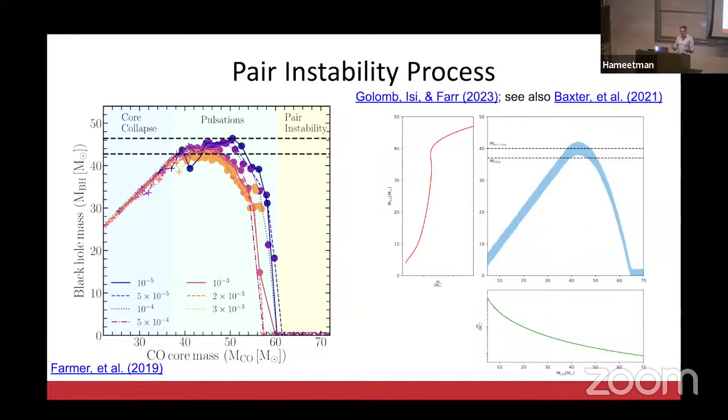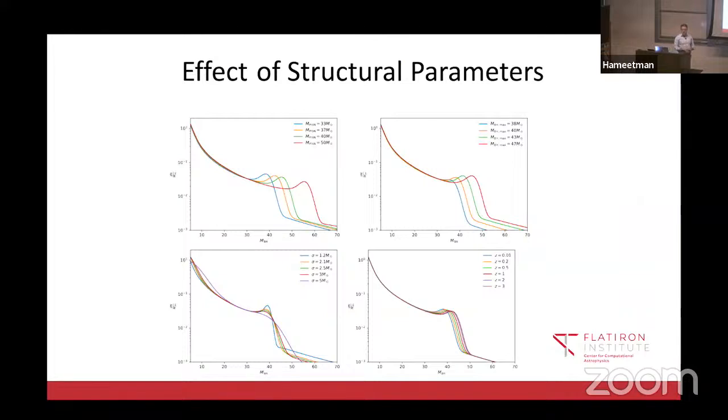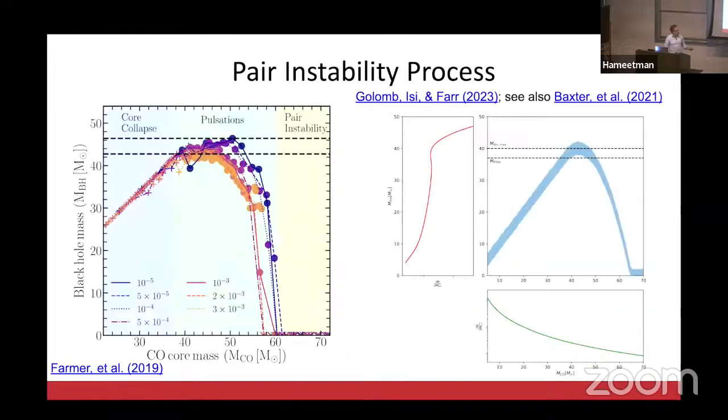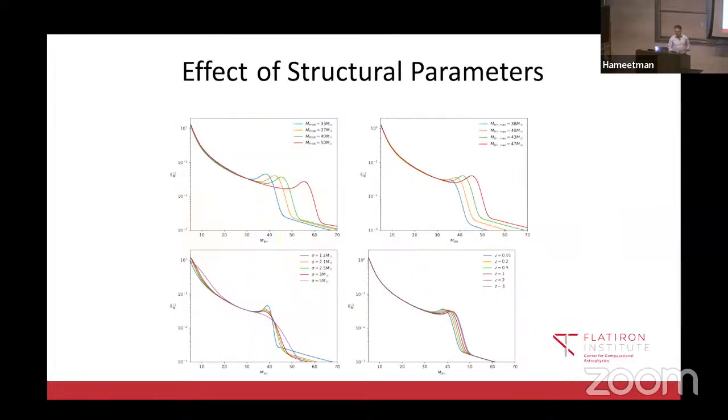But you don't just get any bump. The properties of the bump are related to the structural parameters of this initial final mass relationship. For example, if you change the mass at which the pulsations turn on, the location of the bump moves to the right. But because the IMF is lower at higher masses, the peak of the bump also shifts downward.